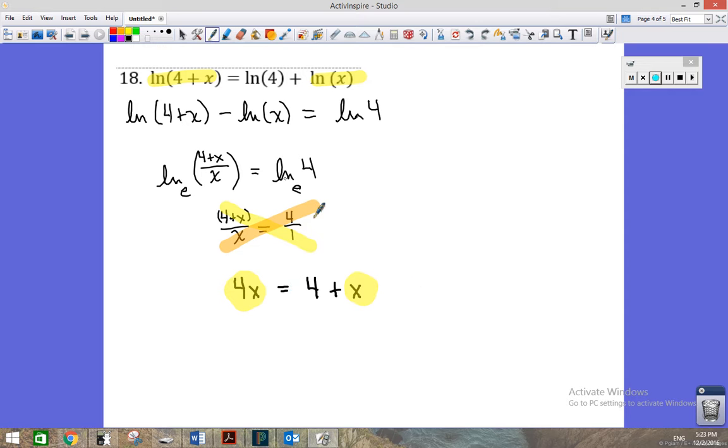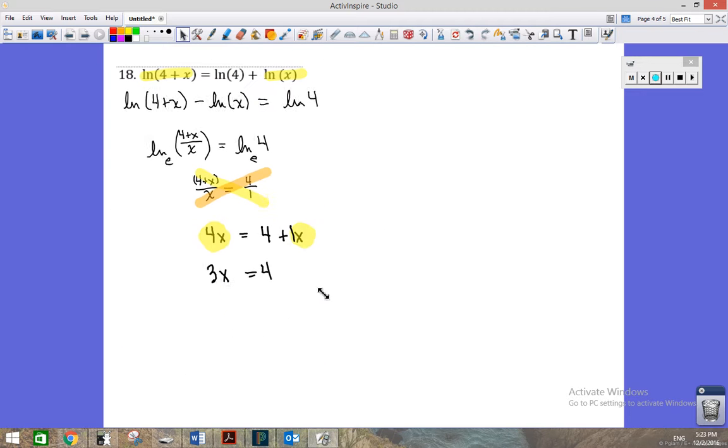I need to get it on the same side of the equation. I need to subtract 1x from each side. Well, now on the left-hand side, I have a single term that has two factors, and the factor of interest is this x. I need to get it by itself by dividing both sides by 3.